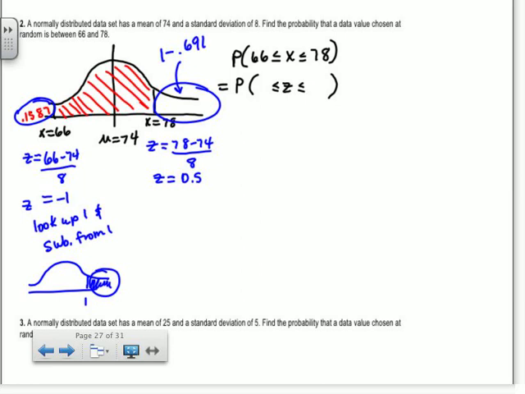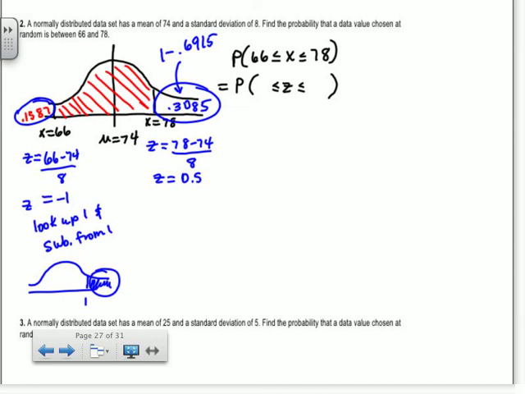And I'm doing 1 minus because I'm just talking about the tail, the end. The other part gave me the 0.6915. That was giving me everything up until 0.5. So what do we get when we subtract that out? 0.3085.